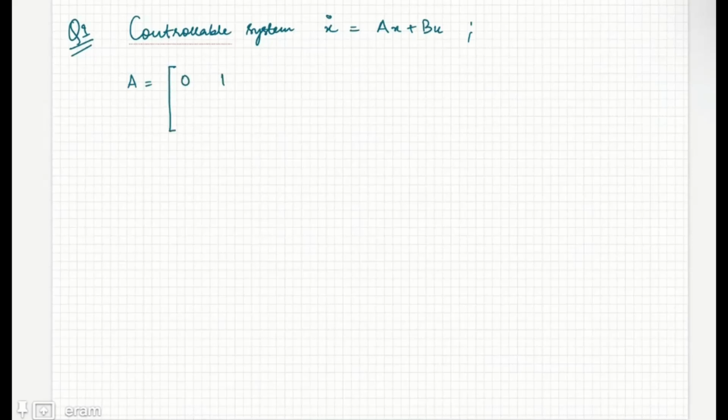So consider that we have a controllable system which is given as x dot is Ax plus Bu, where A is the matrix 0, 1, 0; 1, 0, minus 1; and 2, 1, 1, and B is 0, 2, 1 and 1, 0, 1.